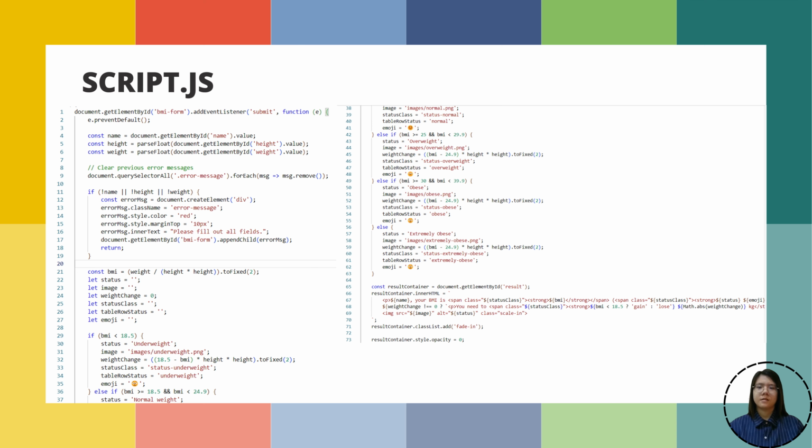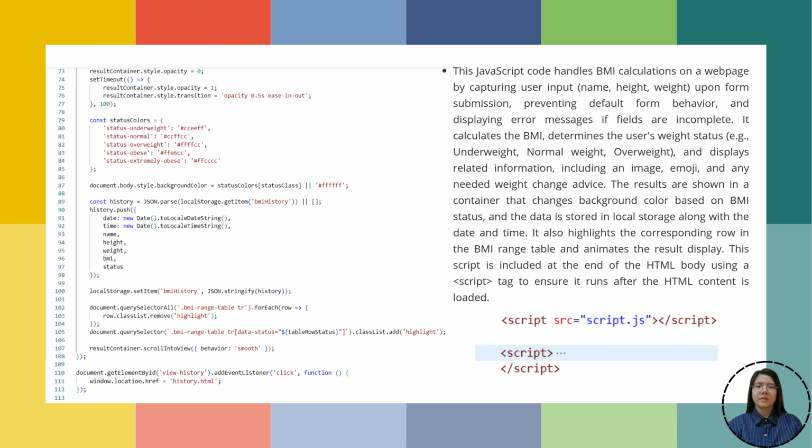Script.js. This JavaScript code handles BMI calculation on a web page by capturing user input upon form submission, preventing default form behavior, and displaying error message if fields are incomplete. It calculates the BMI, determines the user weight status, and displays related information, including an image, emoji, and any needed weight change advice.